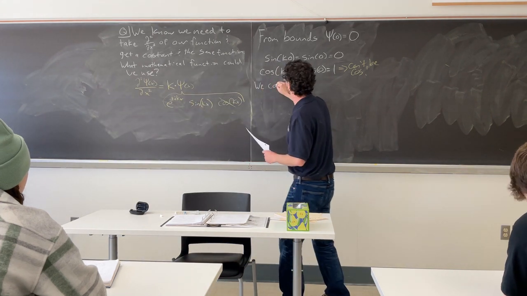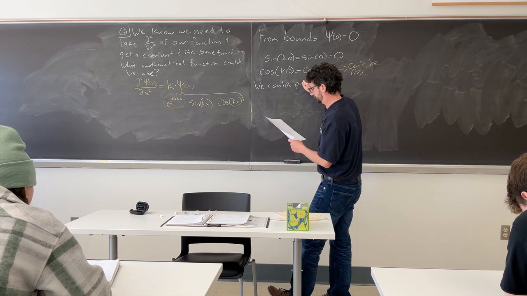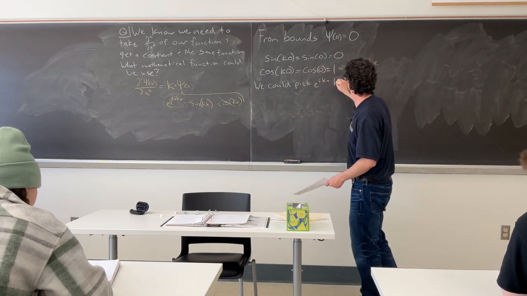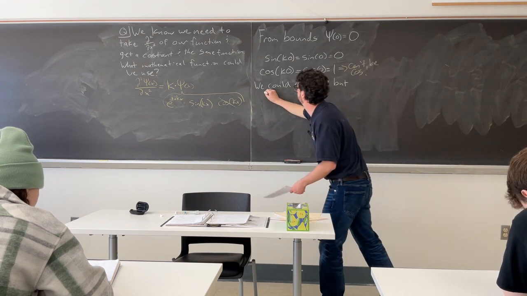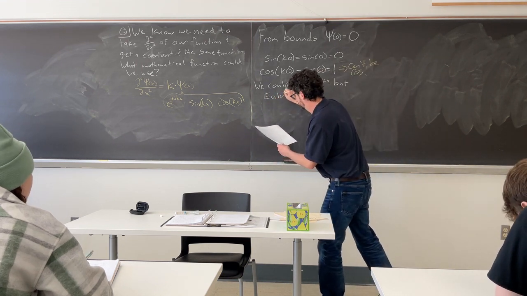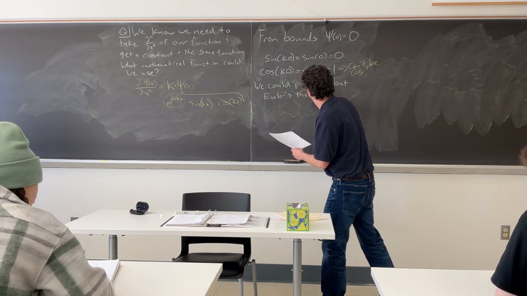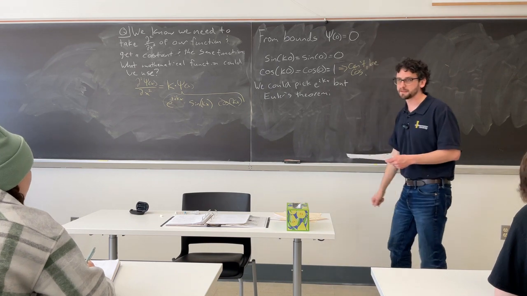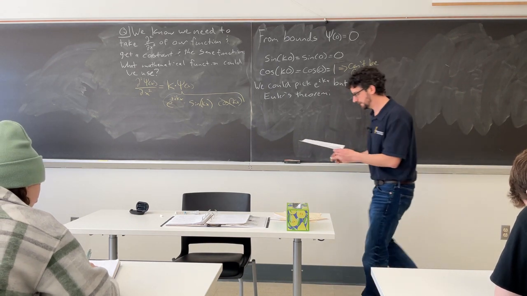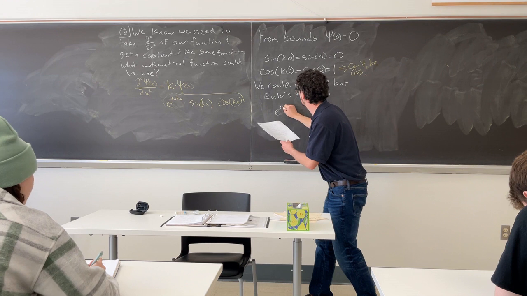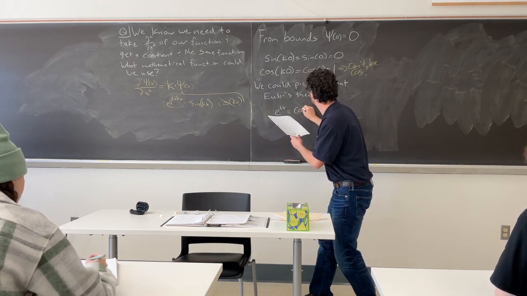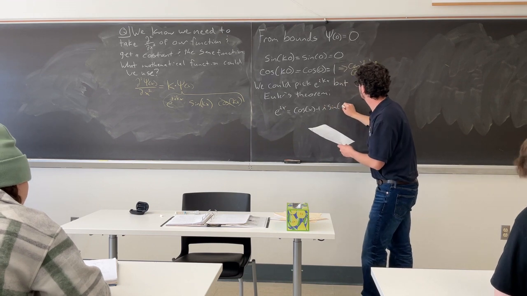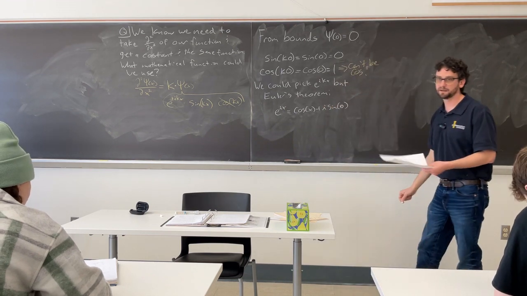We could pick e to the IKX, but Euler's theorem basically states you already have sines and cosines in there. You have e to the IKX, that's also equal to cosine x plus I sine theta.